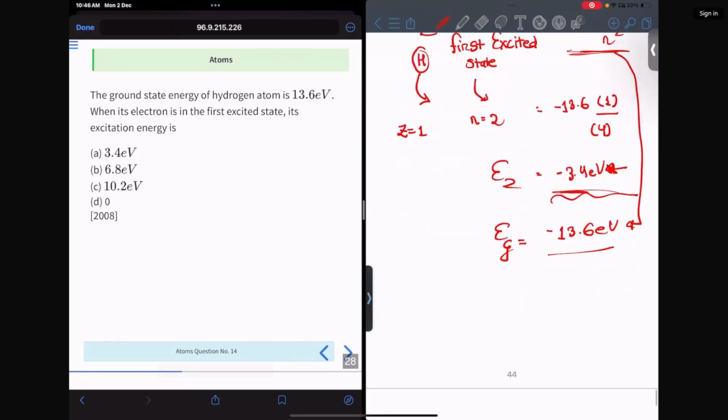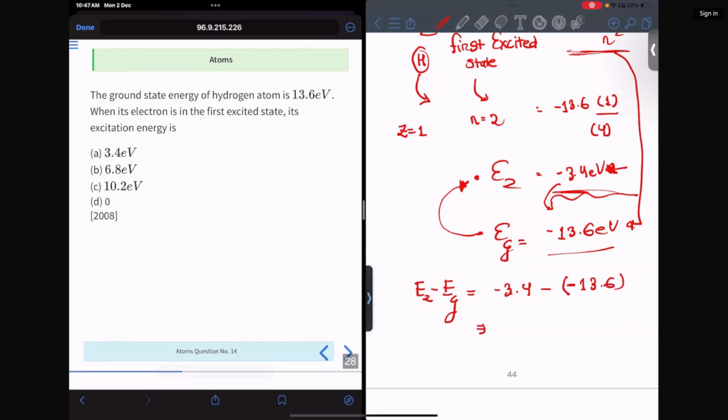Meaning, they're asking you, if an electron wants to move from the ground state to the first excited state, what will be the energy required? You subtract it from here. E2 minus E1 equal to minus 3.4 minus of minus 13.6.